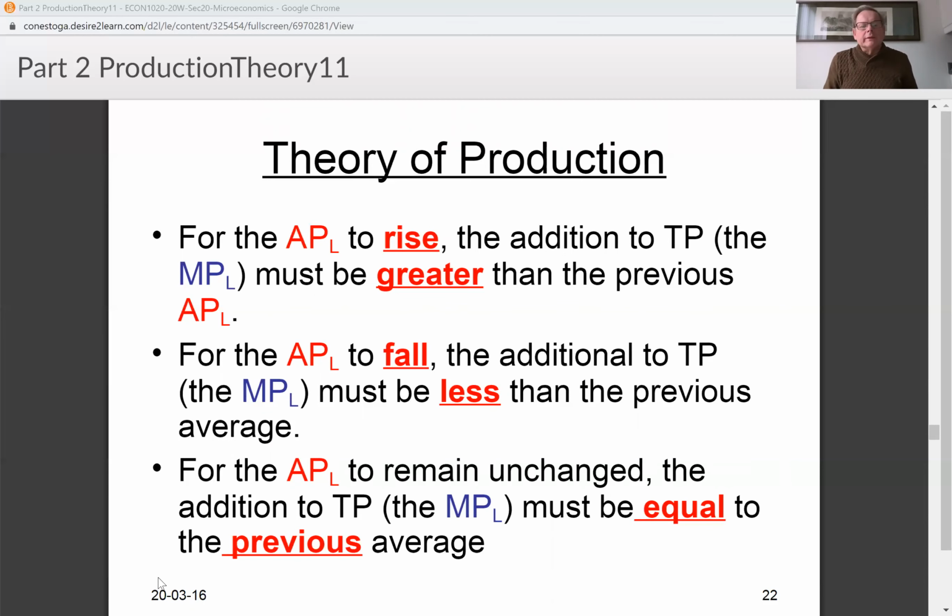Bullet point number one. Same example for bullet point number two: I have a class of 25 students and 24 of them write on the appropriate day, score 70 as an average, and the 25th person writes and scores 40 the next day. That means that the average will fall.